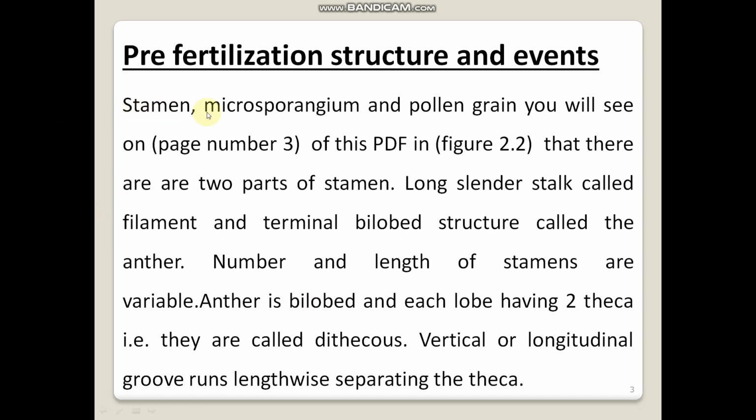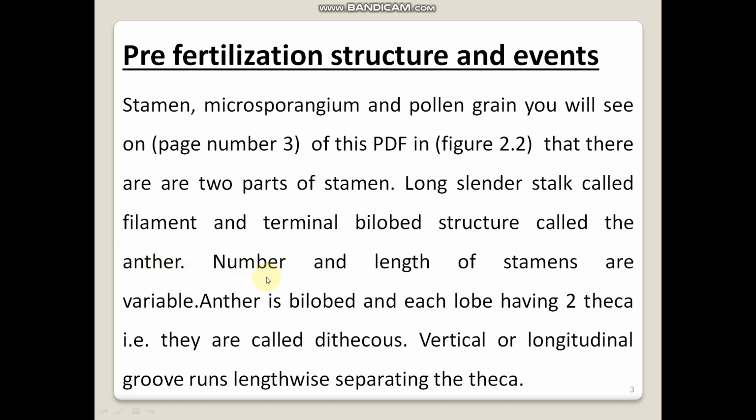The structure of these you can see on page number 3 of the PDF I'm sending you, figure 2.2. There are two parts of a stamen: a long slender stalk called the filament and a terminal bilobed structure called the anther.